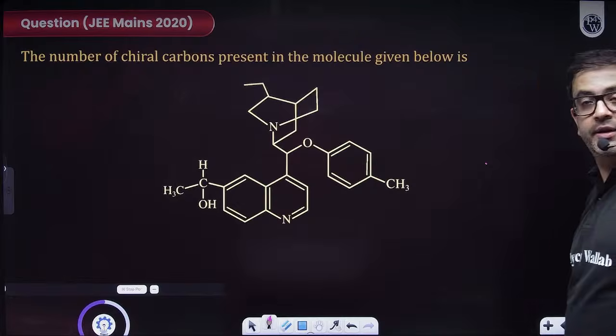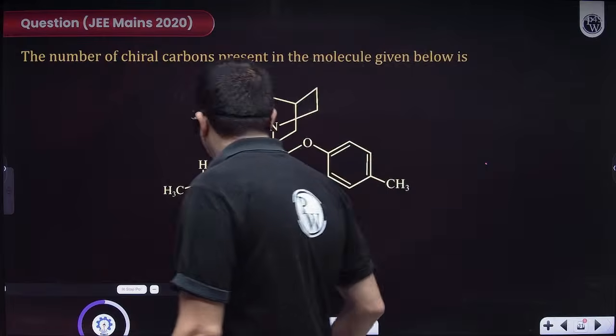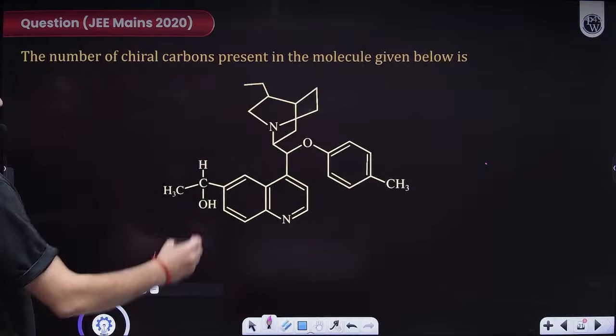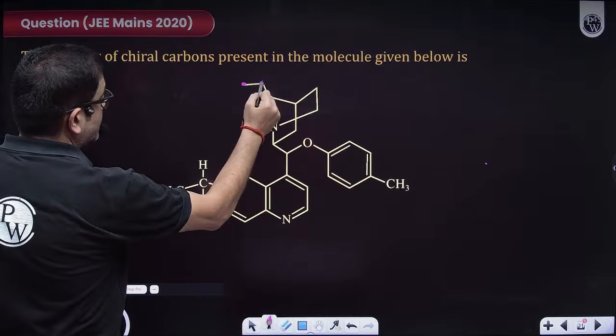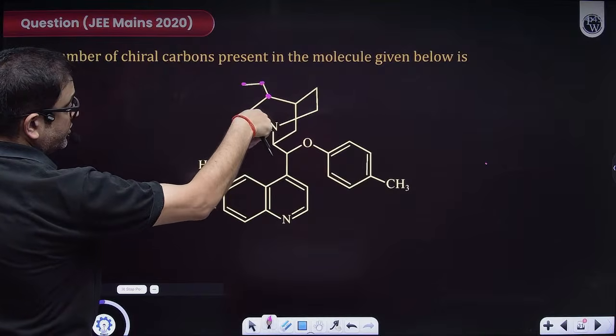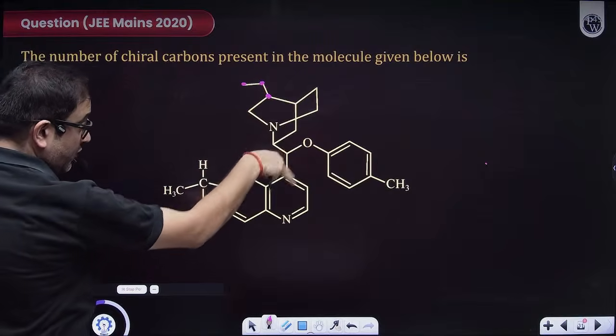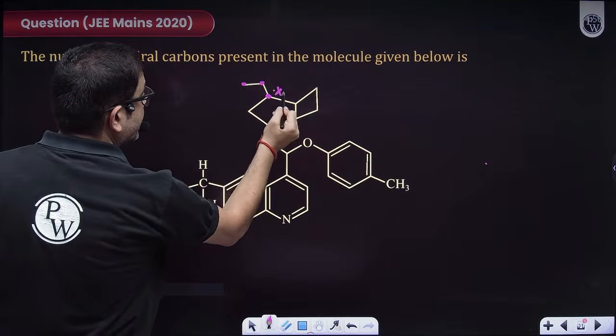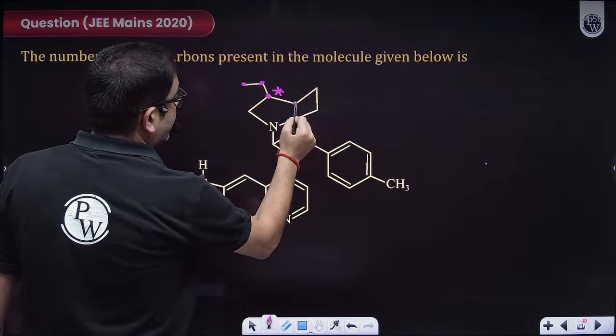Chalo, I hope you got it. Now, sir, CH3, CH2, this carbon. So one methyl, one H, one CH2 with nitrogen directly, one CH2 with nitrogen through some longer route. So this is chiral, sir.